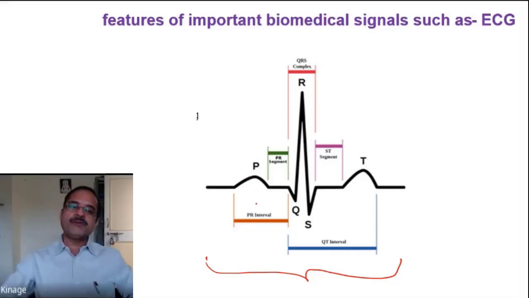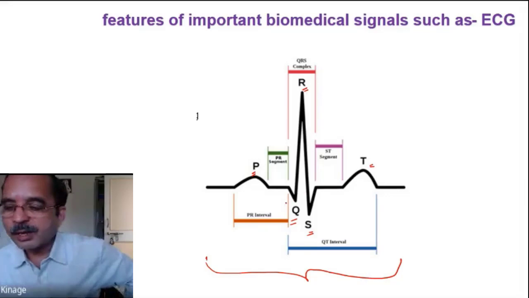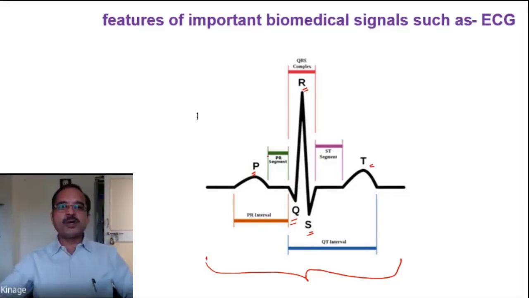It is divided into 5 parts: P, Q, R, S, and T. Later on, when we study unit number 2, we'll see how exactly one complete cycle of pumping action takes place in the heart and what the associated electrical activity is.